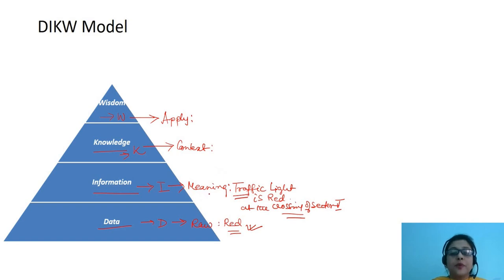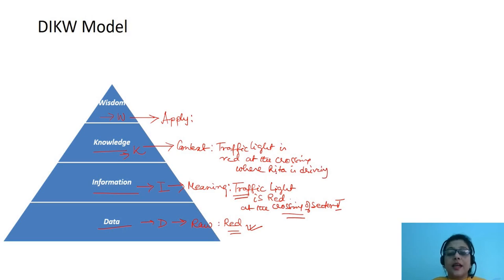Still, from this meaning, we are not understanding what to do. What is the knowledge? Now, knowledge is with reference to the context. From the meaning, we have to achieve our goals. Now we write traffic light is red at the crossing where Rita is driving.